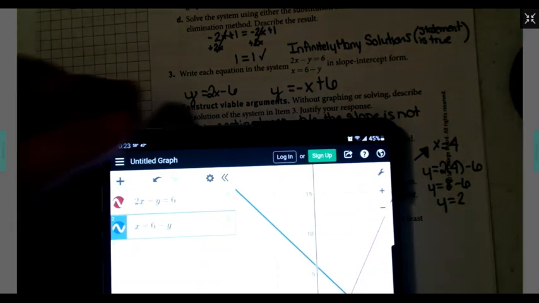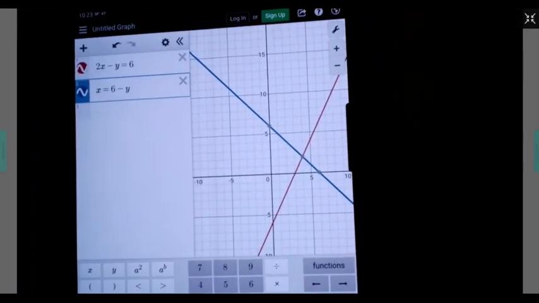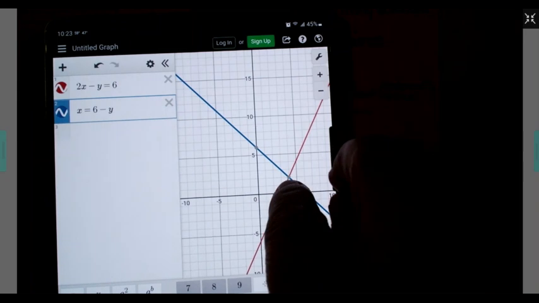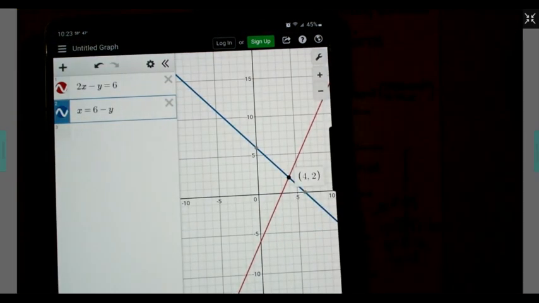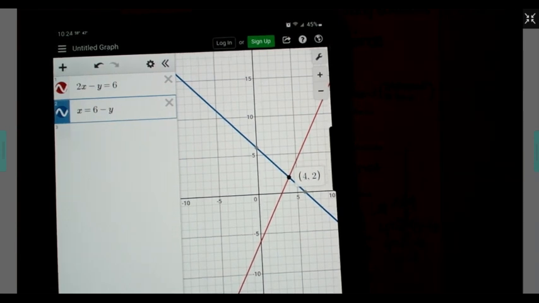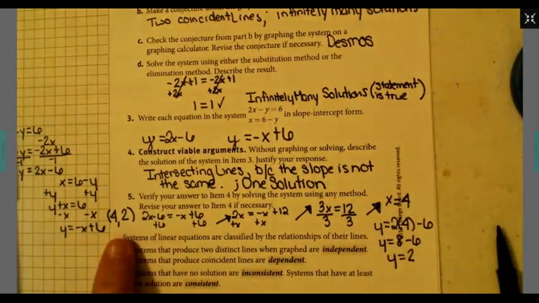Well, they are intersecting. As you can see, the two lines go towards each other. If I click on this dot right here, it will tell me that ordered pair at which they cross. And that ordered pair is 4, 2, which I had also guessed.